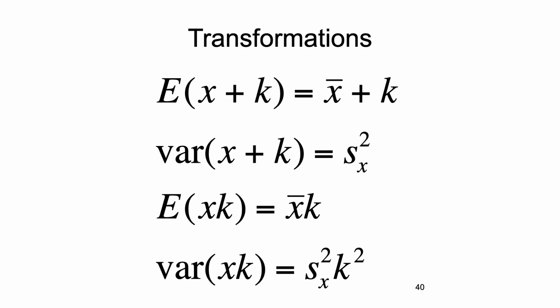So the expected value of x, x is a variable. So let's even back up from what we have here. The expected value of x is x bar. Remember, x is a variable. It moves around. So then it can take many different values.